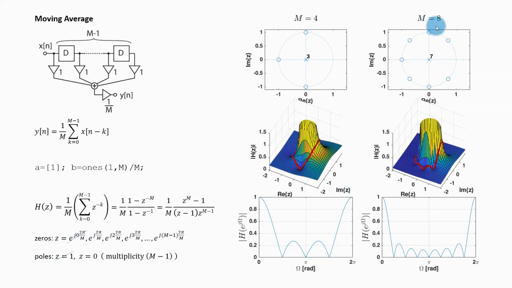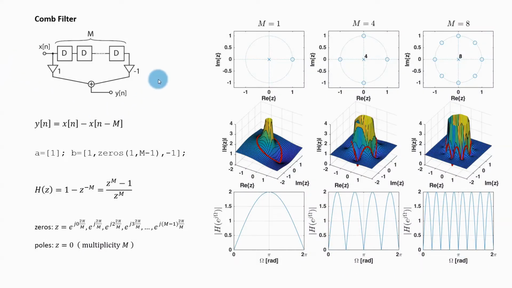If I average, for example, 8 values, these will be the zeros of my transfer function, this will be the multiple pole of my transfer function, this will be the plot of the amplitude of the transfer function, and this will be the amplitude frequency characteristic. You can see that the moving average implements a low-pass filter, and I can make that filter more selective for lower frequencies by increasing the number of values that I average.